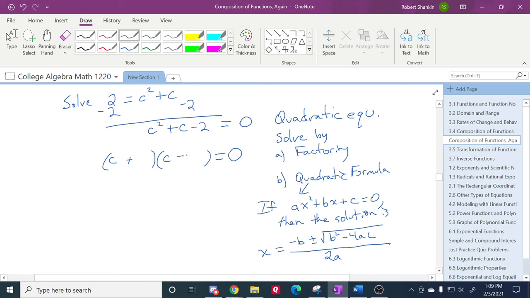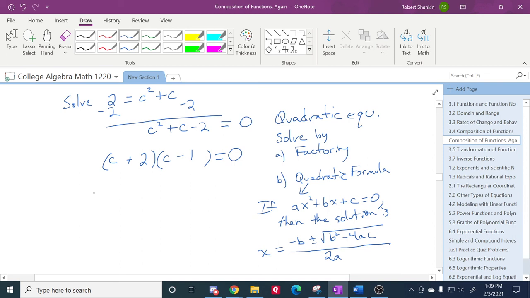And then we're going to put 2 and 1. And since the middle term is positive, I want the larger one to be positive, smaller one to be negative. Now, once I have it factored, you can check the middle term. 2c minus c will give you 1c.